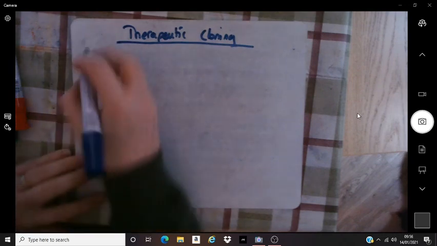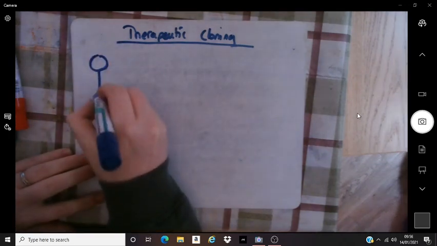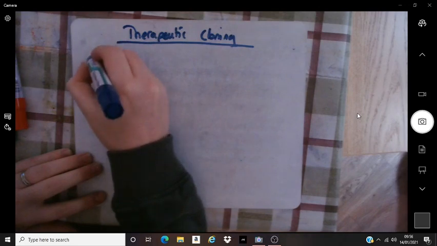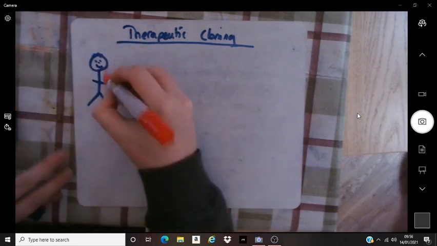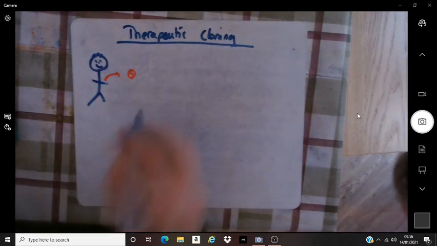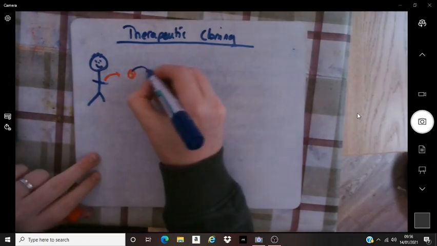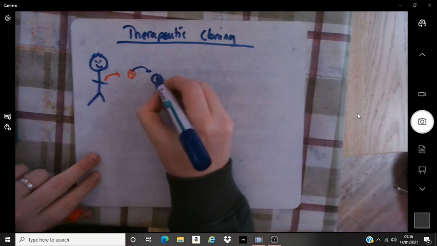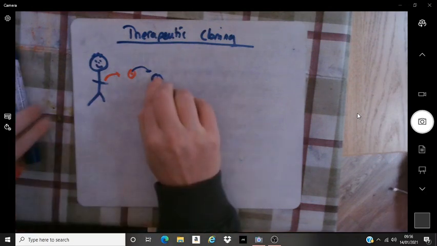But what if, this is Mr. Bateson, this is me, what if I was to take just one of my cells and take the nucleus and insert it into an empty egg cell?